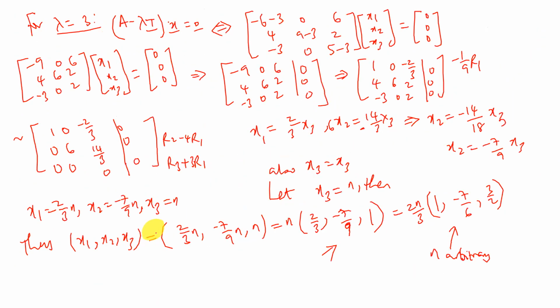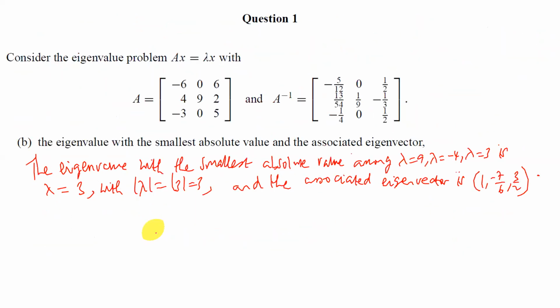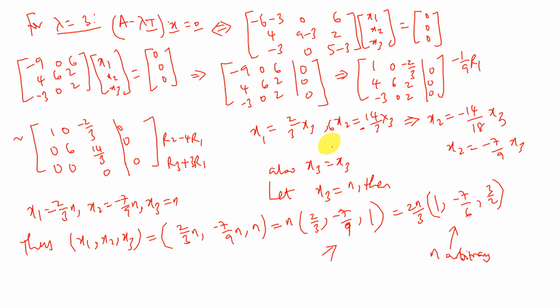But now I want us to look at the next question, which says the eigenvalue with the smallest absolute value and associated eigenvector. So we continue with these iterations. Right, let's just do that one.